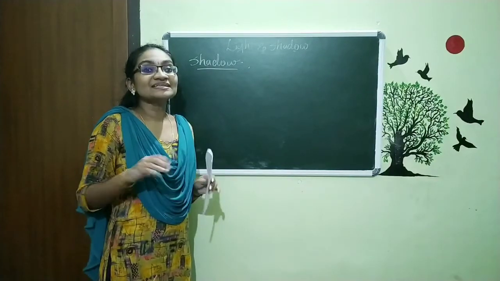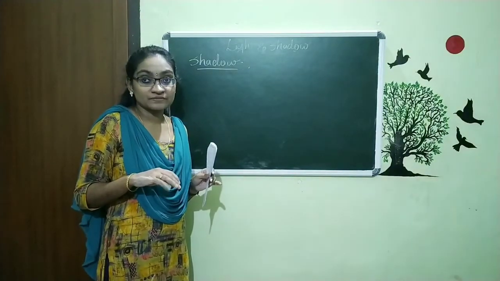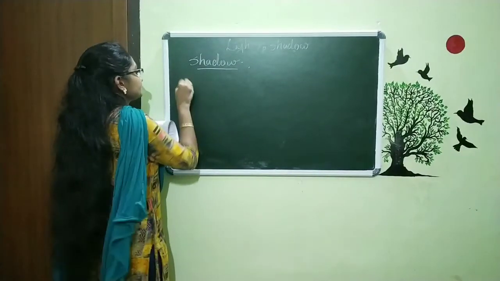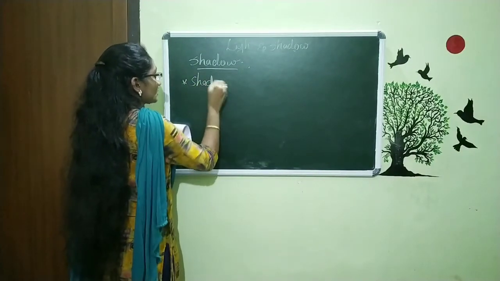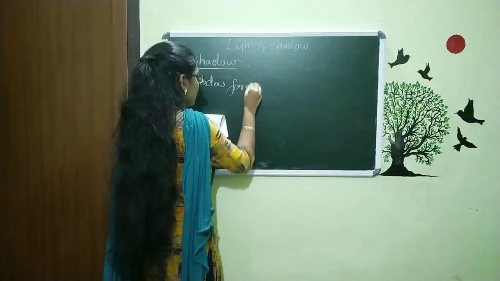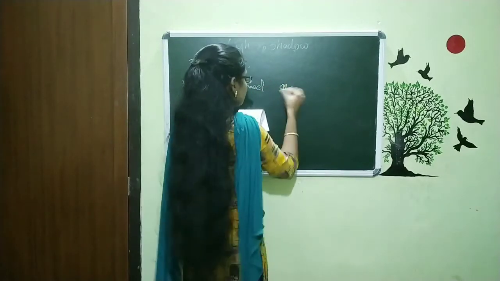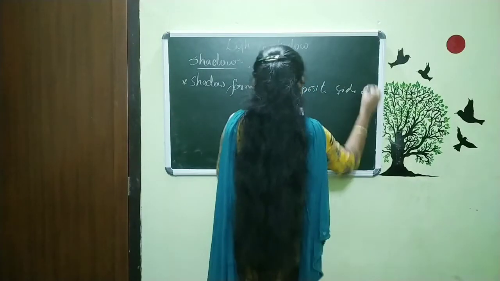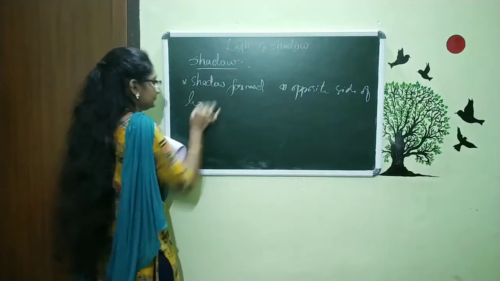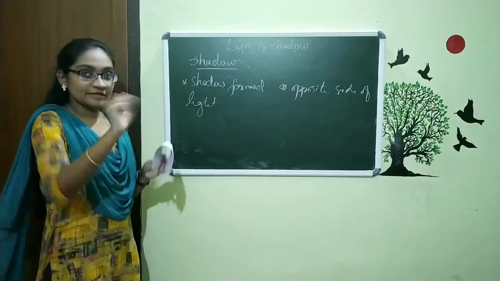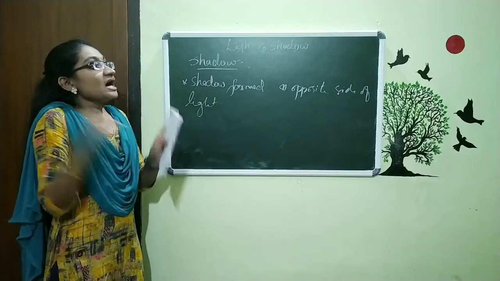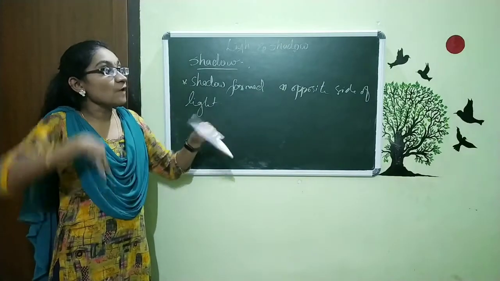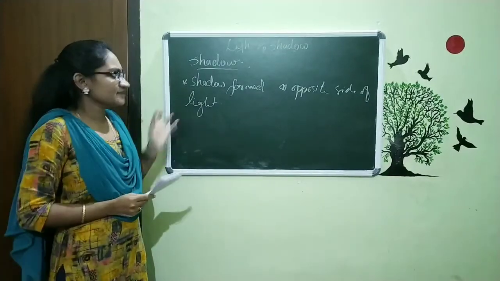So where is this shadow actually produced? Actually, the shadow is produced or formed on the side opposite the light. When my source of light is here, I am giving light, then the shadow is formed on the opposite side of the light.